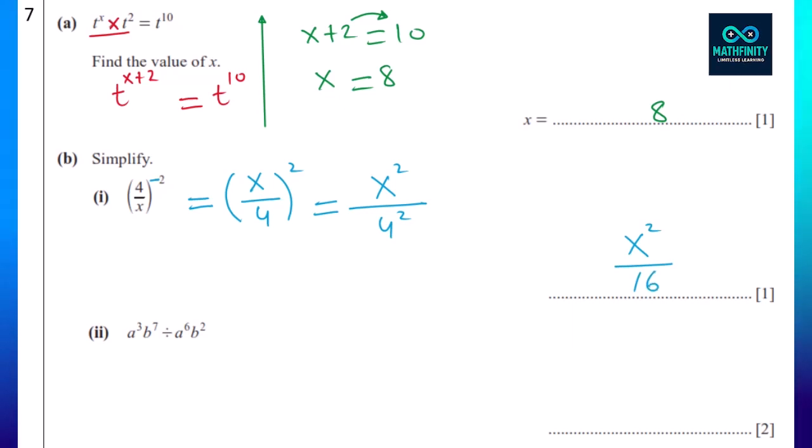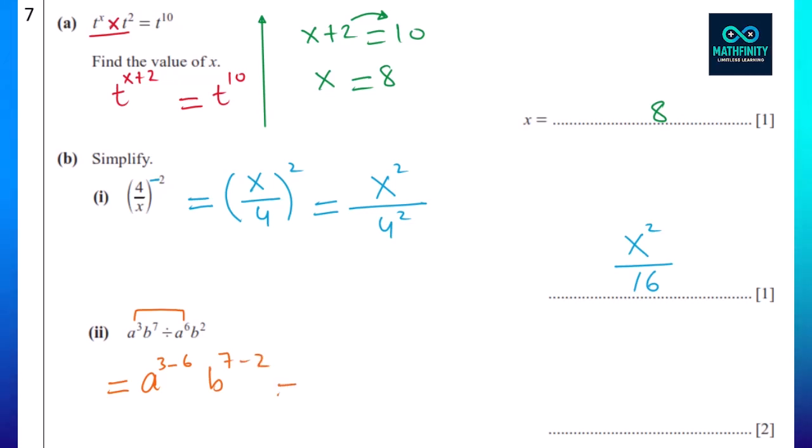That was B1. B2 is simple and a division sign is between them. So we will deal separately A with A and B with B. So we can write a 3 minus 6 and b 7 minus 2.